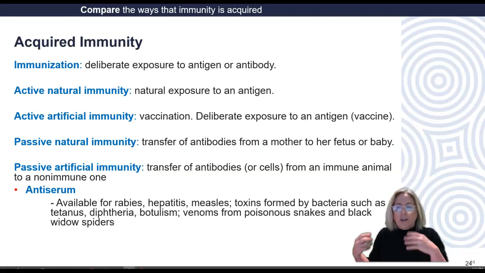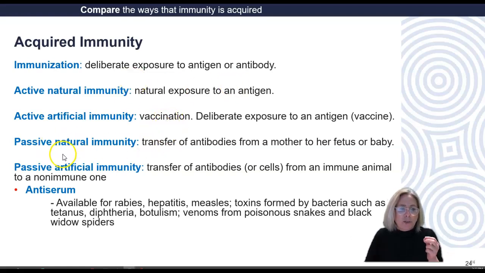So you don't get sick, you don't get the symptoms of the particular disease, but it's enough to stimulate an immune response and you develop antibodies and all of that. So this is active artificial immunity. Active immunity can last several weeks with the common cold, or it can be years and even a lifetime, say with polio, particularly the polio vaccine.